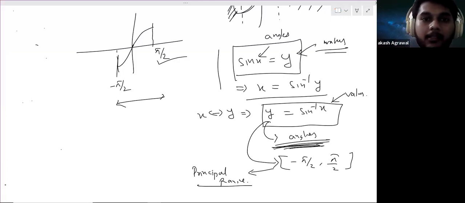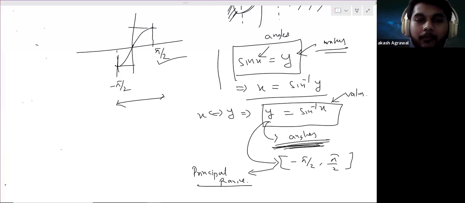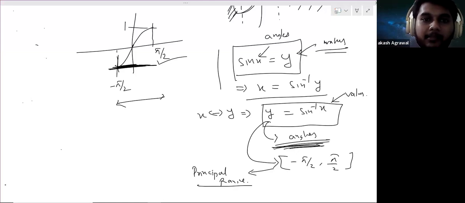Okay. Let's think about domain. What is the maximum value of sine x? 1. And the minimum value? On this graph, sine x is maximum 1 and minimum minus 1, right?